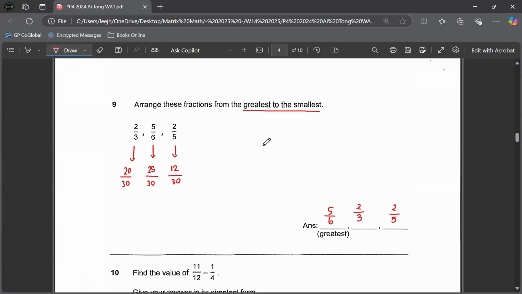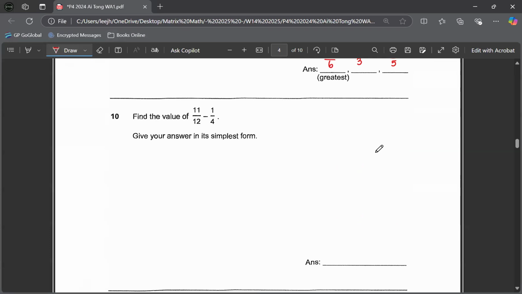Question number 10. Find the value of 11/12 minus 1/4. A lot of you always do it in this way over here, which I wouldn't advise, because it's going to be very messy. So I'm going to write the whole equation again. So you know the denominator is not the same.